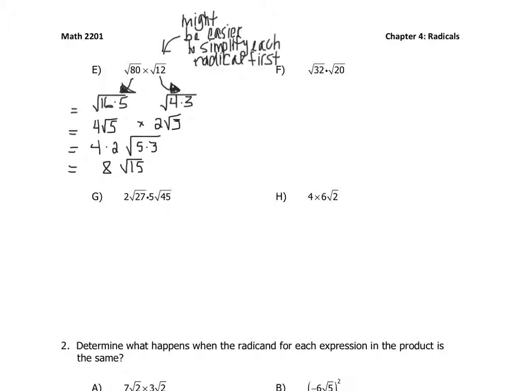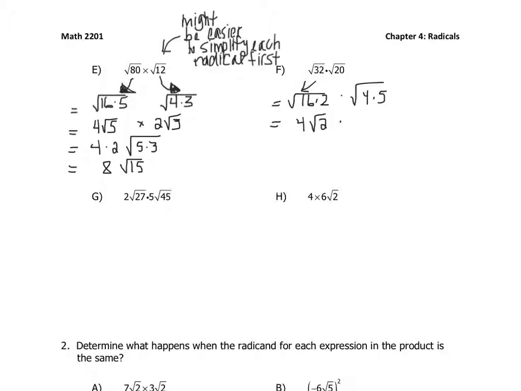Break that one down as largest perfect square factor of 32 would be 16. So 16 times 2, and then you multiply root 20, would have the largest perfect square factor of 4. And square root of 16 times 2 becomes 4 root 2, because square root of 16 is 4.